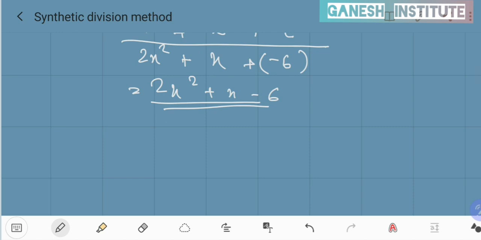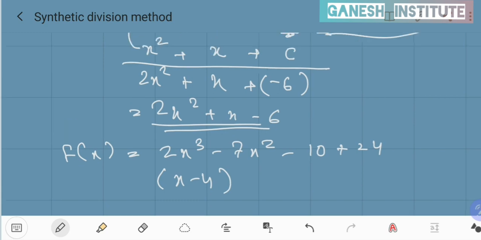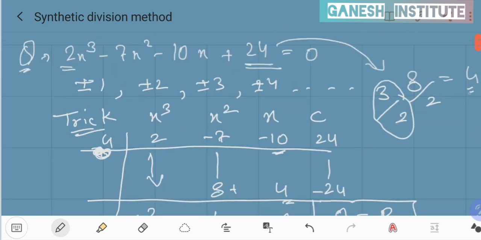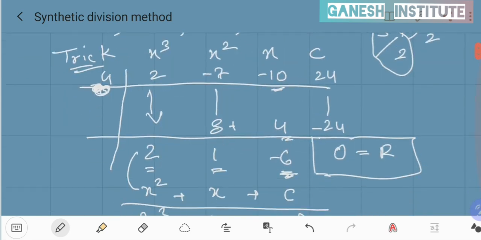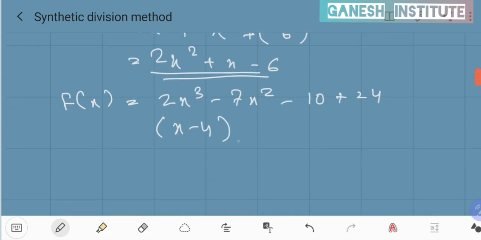So the next further step is, whatever the question given, we will write it again, and then we will write the first solution of the equation, which we have already found, which is 4. Then this value we will write here.